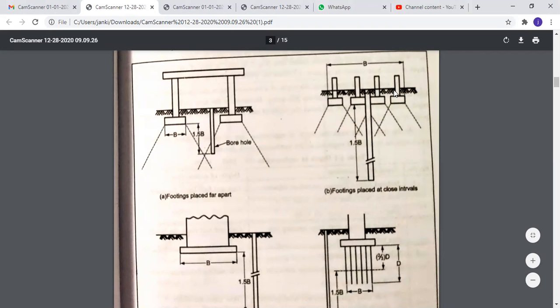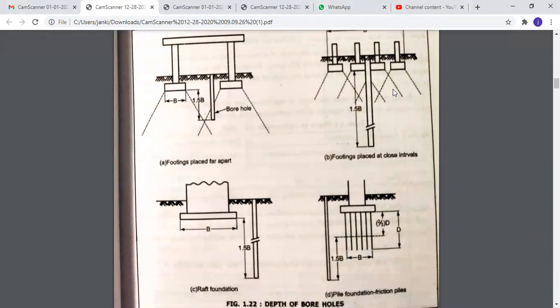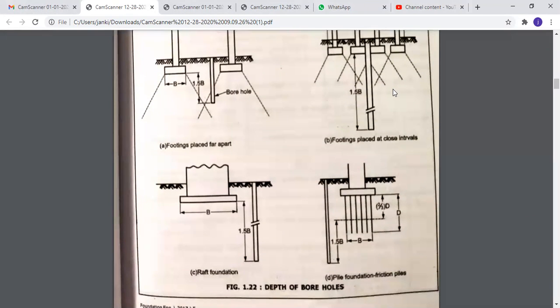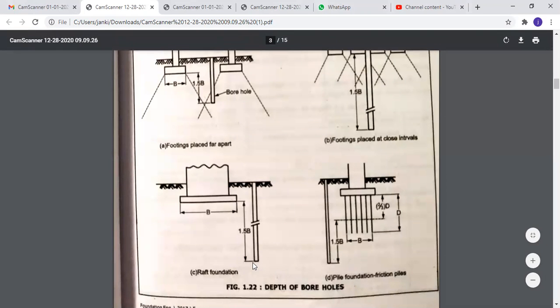In the case of raft foundation, the depth of borehole should be at least 1.5 times the width of the raft.